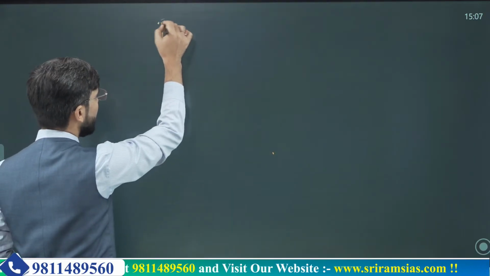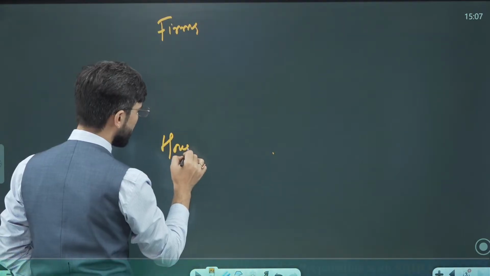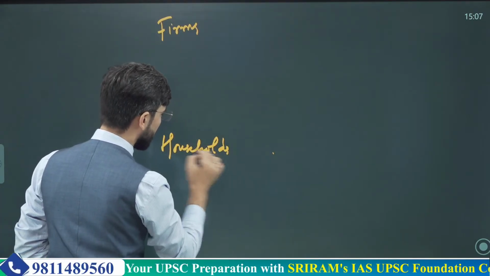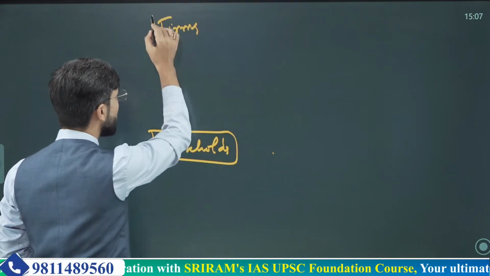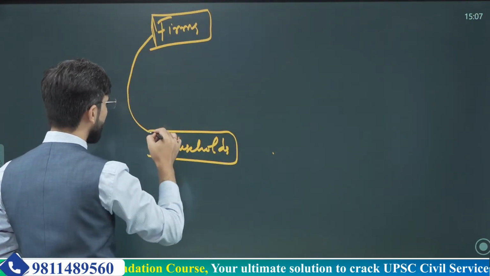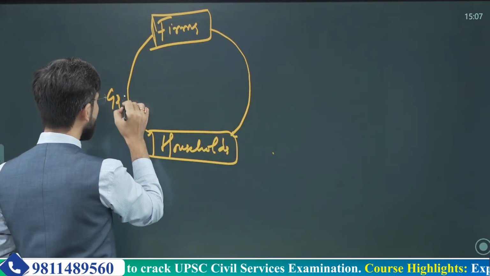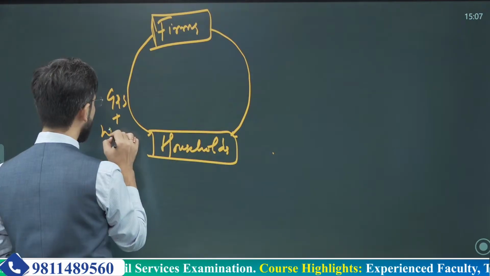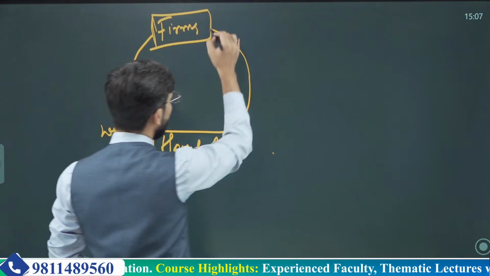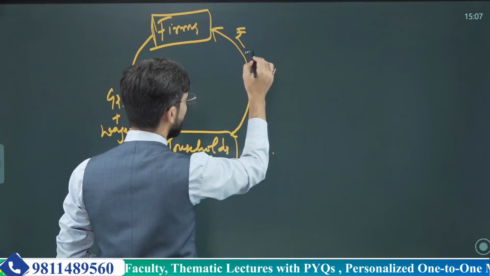Here we had firms and we had households. There was a particular flow between the two. The flow was very simple. Goods and services plus wages. Here it was rupees plus labor.